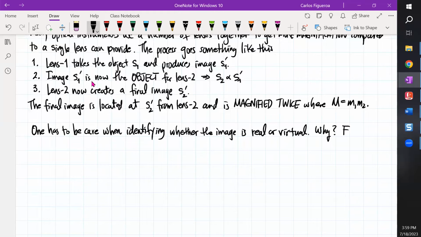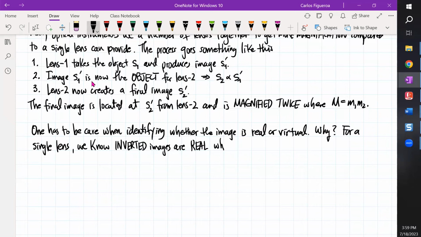For a single lens, we know inverted images are real, while erect images are virtual.